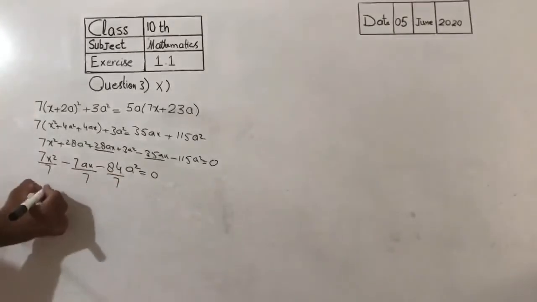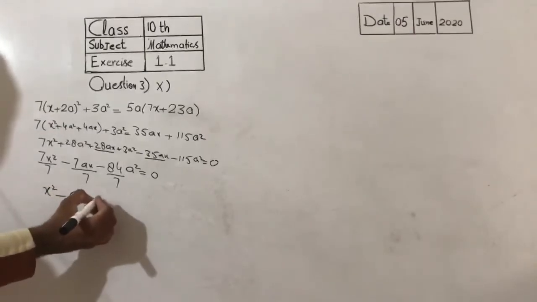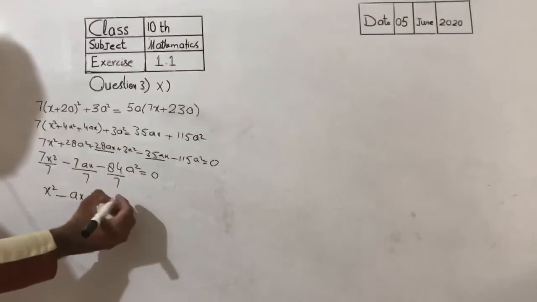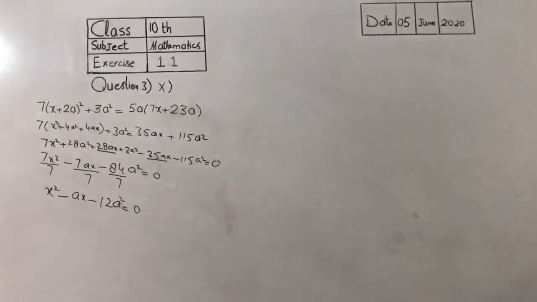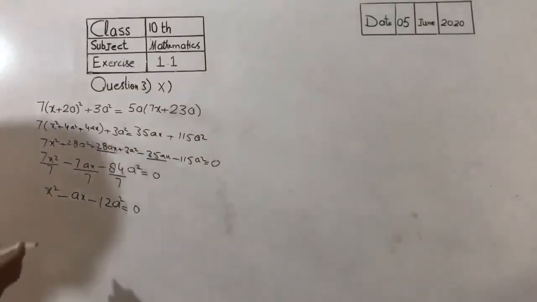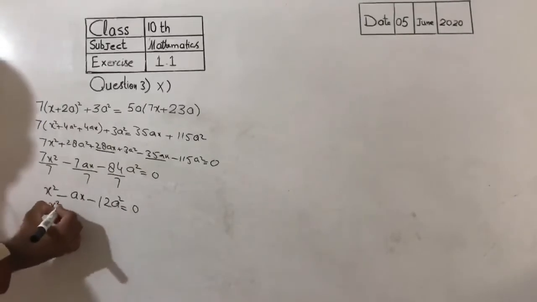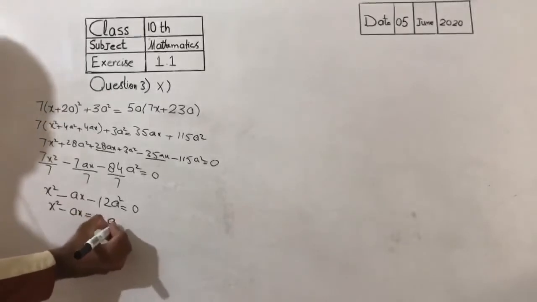Here I get x square minus ax minus 12a square is equal to 0. And next step is we put constant term on the right side of equal. So here we get x square minus ax is equal to 12a square.